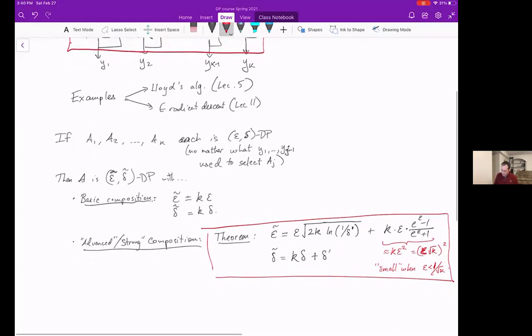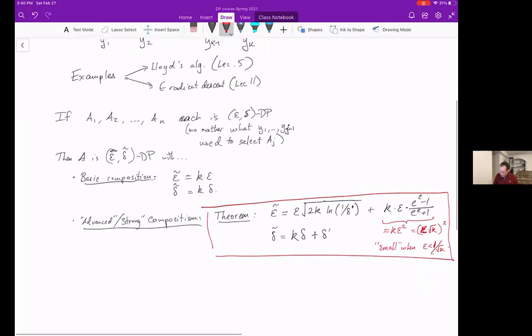that the adaptive composition satisfies this property that it's epsilon tilde, delta tilde differentially private, where epsilon tilde is about epsilon times square root of k-ish. Okay. So, in terms of crude asymptotics, think epsilon tilde is about epsilon square root of k, and delta tilde is about delta times k.